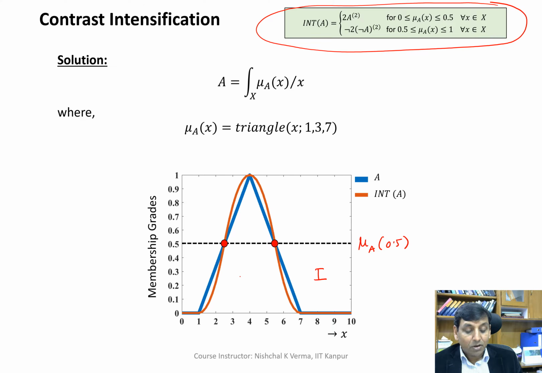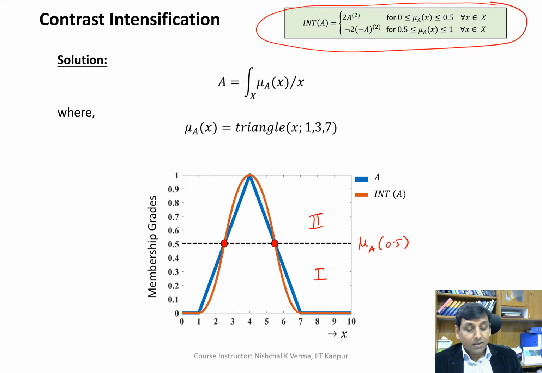And in zone 2, the membership values of the intensified fuzzy set A are increased as compared to the original membership values of the fuzzy set A for the corresponding generic variable values.